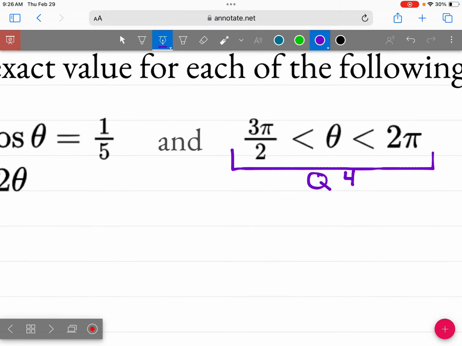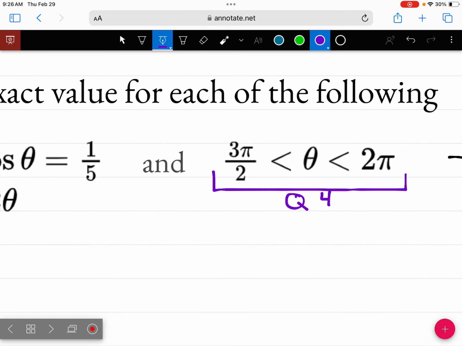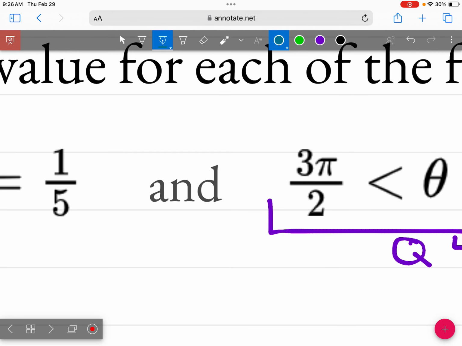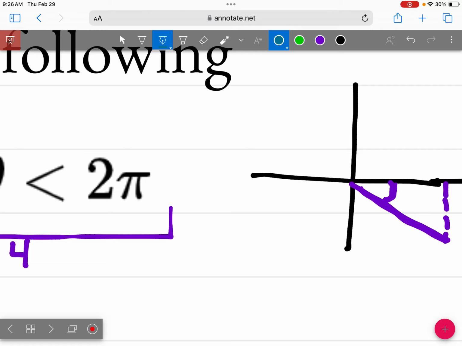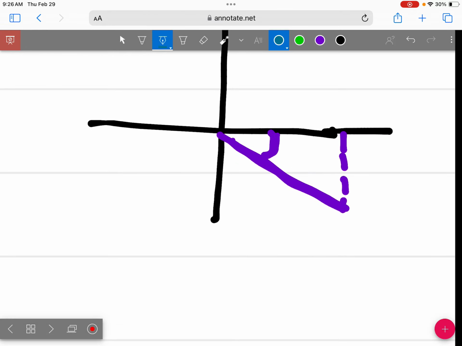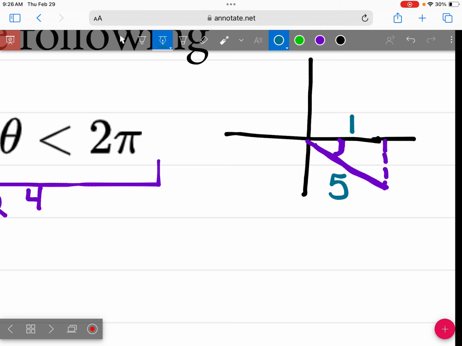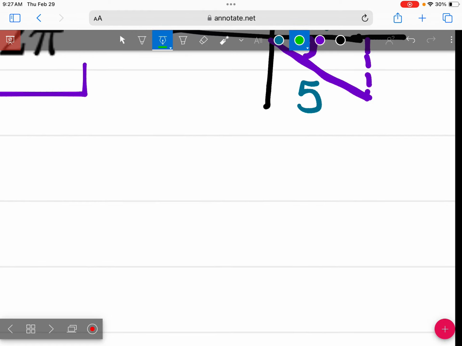So if we know cosine is 1/5, that's our adjacent over hypotenuse. So if I go over to my little triangle, we have our adjacent is 1, and my hypotenuse is 5. We can find our third side using our Pythagorean theorem.